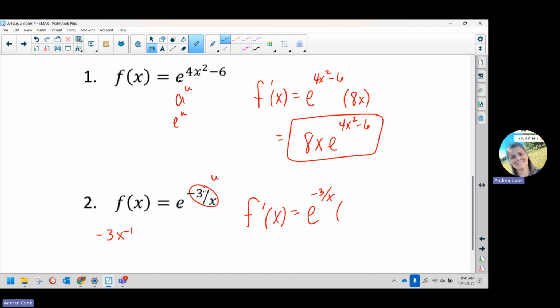We only use quotient rule if there's a variable on top and bottom. So I'm going to rewrite it as 3 x to the negative 2. And so the u prime is 3 over x squared.